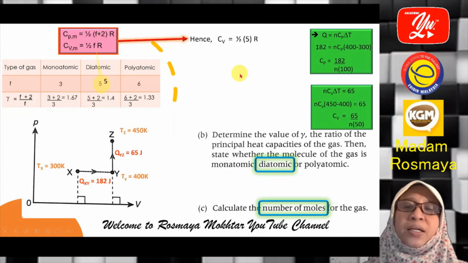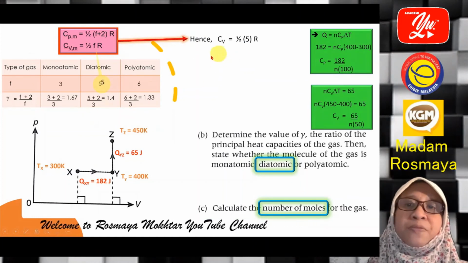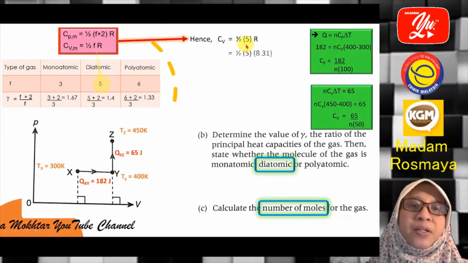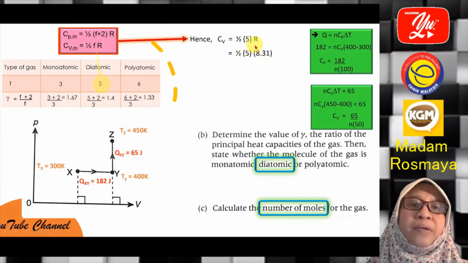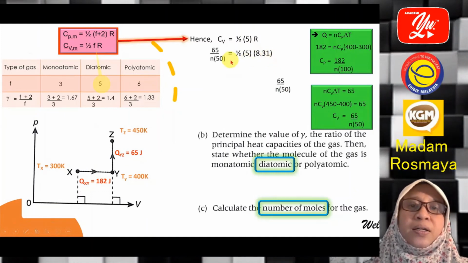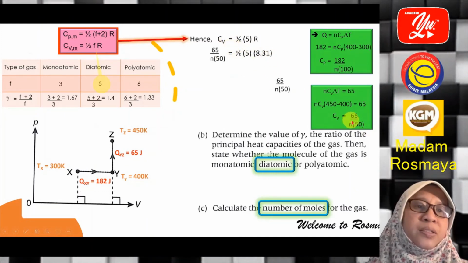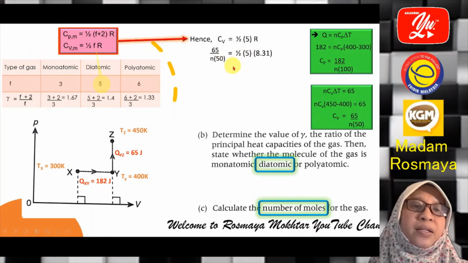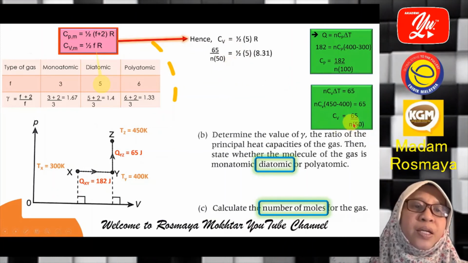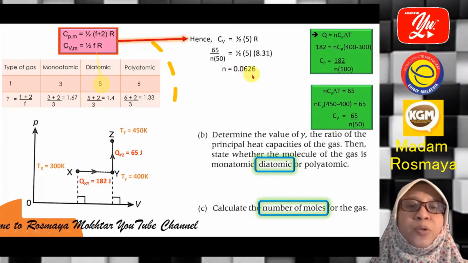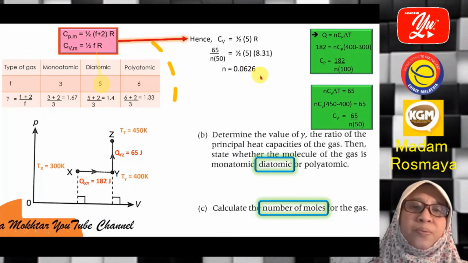So using CV equals half FR, F is 5, and R is 8.31, the molar gas constant. Then we substitute this CV into here, so we can calculate the n value. We get n as 0.0626 mole.